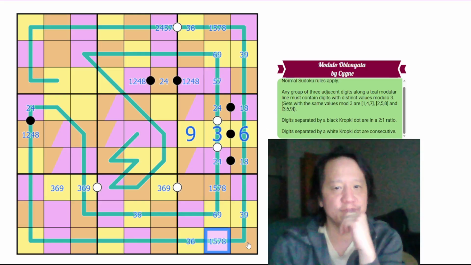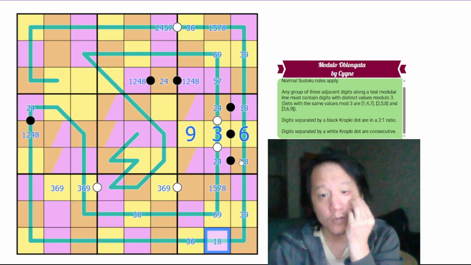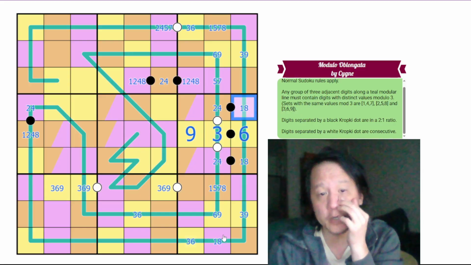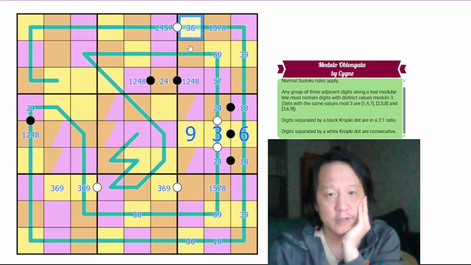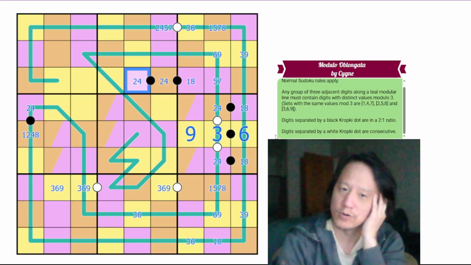So this cannot be 5 or 7. It's the pink 1, 8, right? Well, where is the pink 1, 8 in column 7? Can't be here because of the pink 1, 8's in the boxes, so it has to be here. So this is pink 1, 8, which means this cannot be 1 or 8. It's 2 or 4.